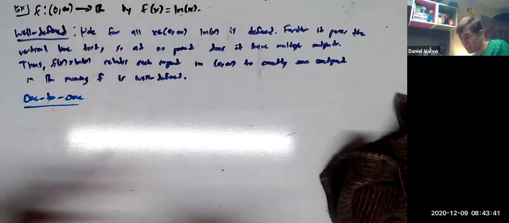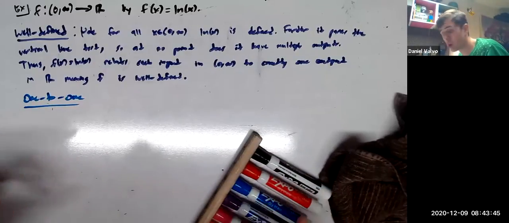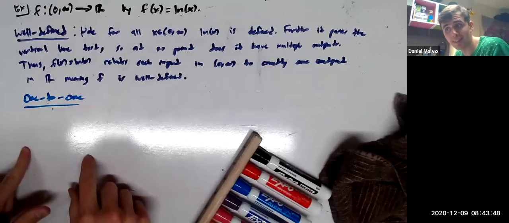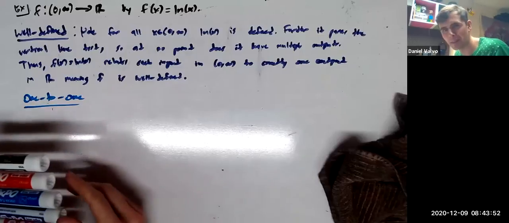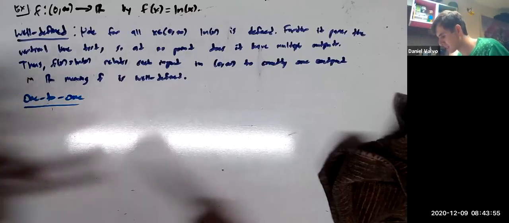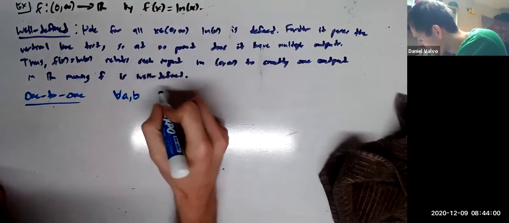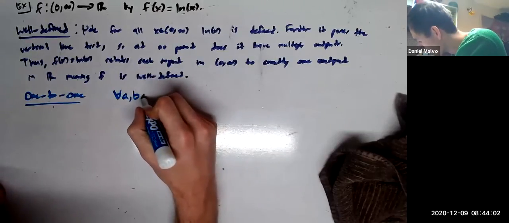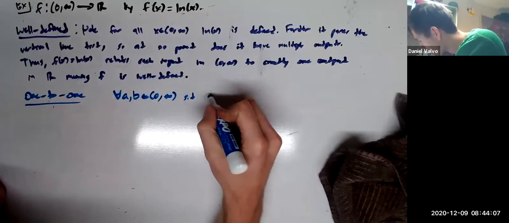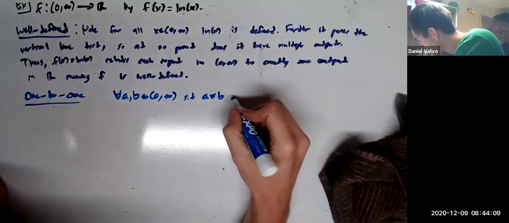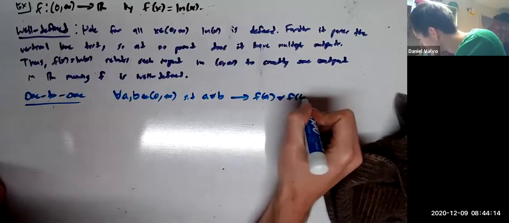So remember that a function being 1-to-1 means that there are no two inputs that map to the same output. What that really means is for all a and b in our domain, such that a does not equal b, that implies f of a does not equal f of b.